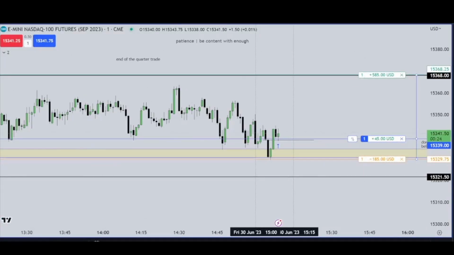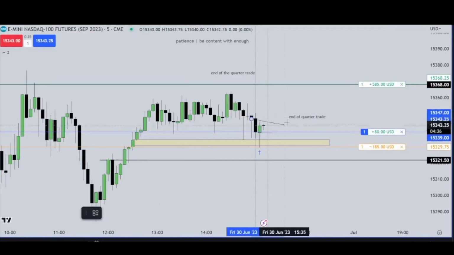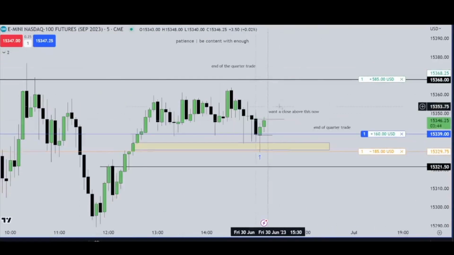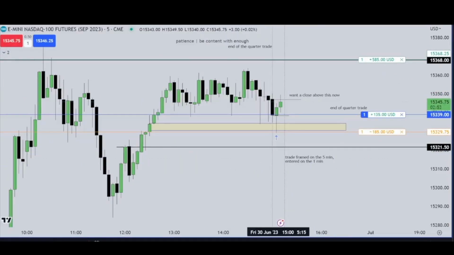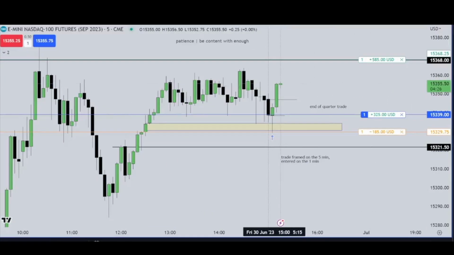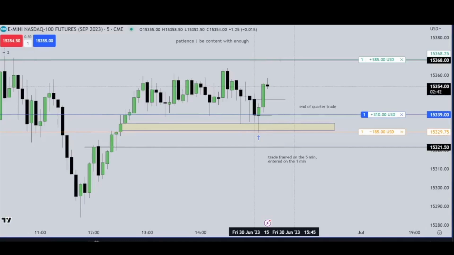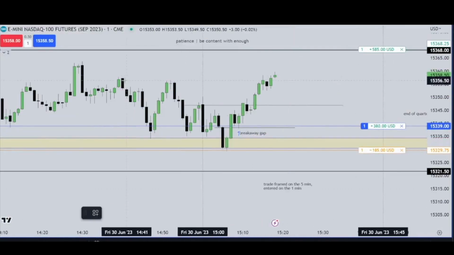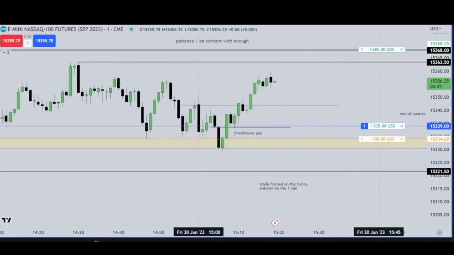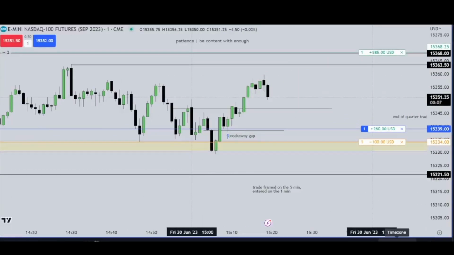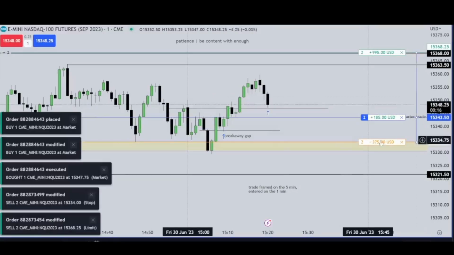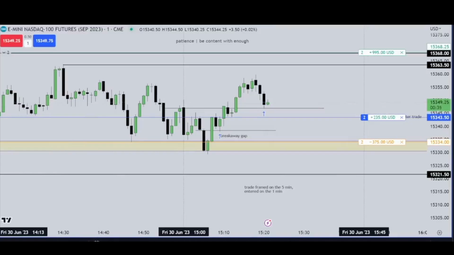My stop is at the low. Here I'm pyramiding into my entry at a prior order block.